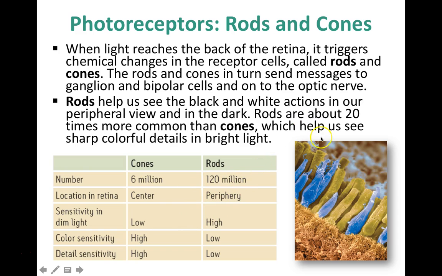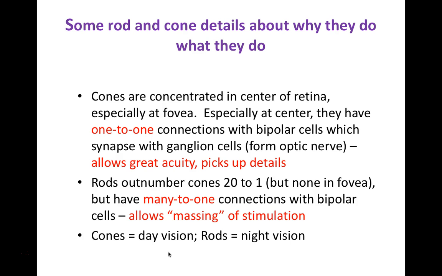That's where the rods are concentrated. There's a lot of sensitivity in dim light by the rods, much less sensitivity in dim light by the cones. Color sensitivity, I'm sorry, cones are high, rods are low. Detail sensitivity, cones are high, rods are low. How do we see this?